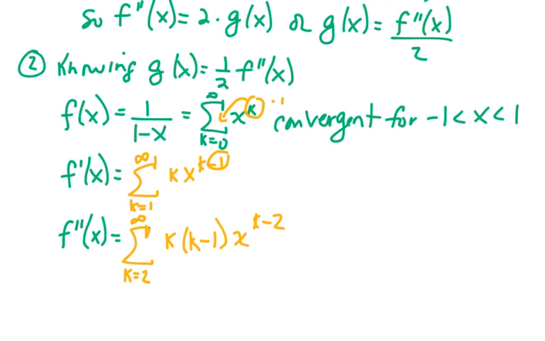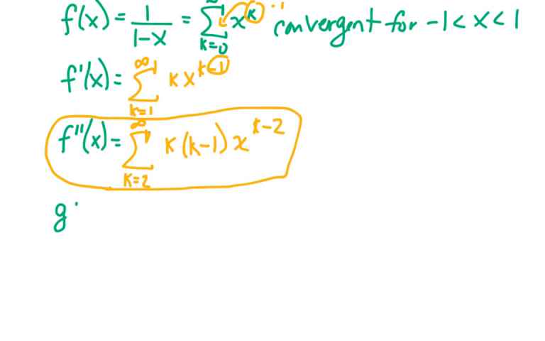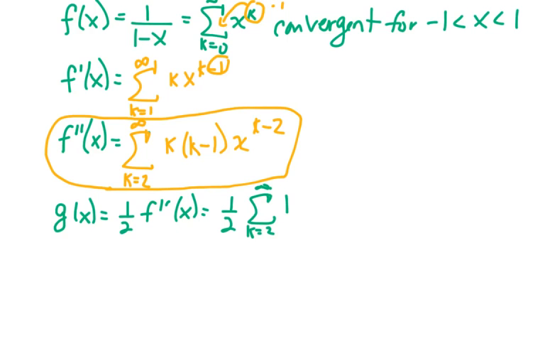So f double prime, or the second derivative in terms of a power series, is written as such. So g of x is equal to 1/2 times the second derivative, which would be 1/2 times the sum from k equals 2 to infinity of k times k minus 1 times x to the k minus 2.